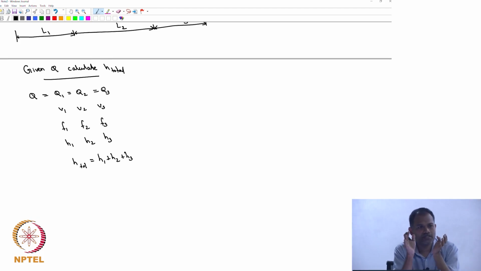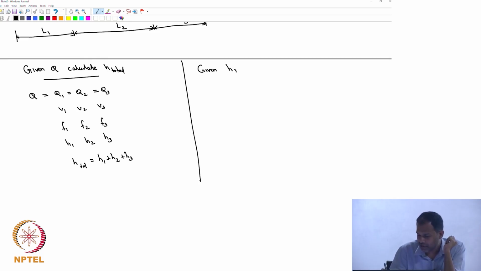So if you have a complex system like that, you could do it for individual pipes and then add up and then find out the total pressure loss. Of course, I have neglected the expansion and the contraction losses. If you had that, you should have added that also. Simple.